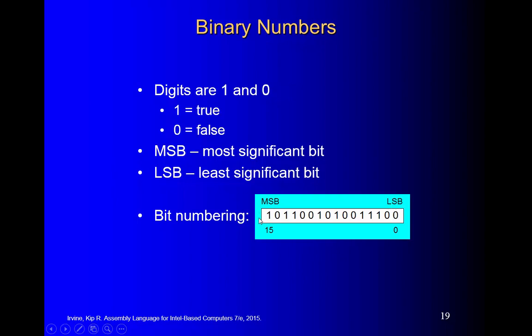The leftmost digit is called the most significant bit. Each of these bits has a location value or position value. It's like the index. So the first, rightmost bit is location 0, and the last one is location 15. So this is a binary number with 16 bits.